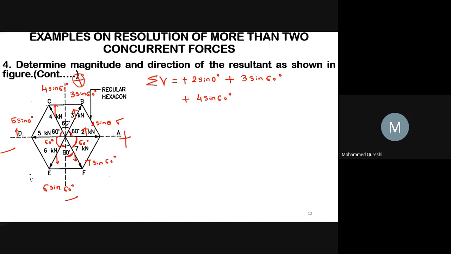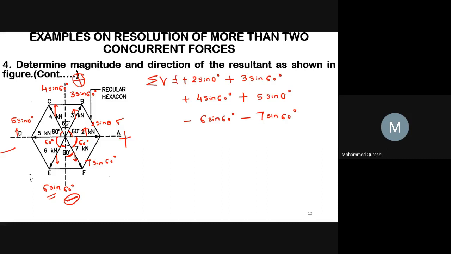It is in the second quadrant, hence it will be positive. So plus 5 sine 0 degree. Then here 6 sine 60, downward direction in the third quadrant, hence it will be negative, minus 6 sine 60 degree. And lastly here 7 sine 60, downward, it will also be negative, minus 7 sine 60 degree.